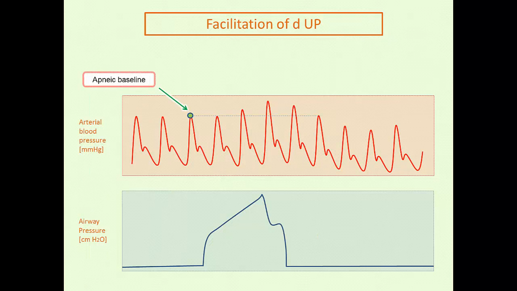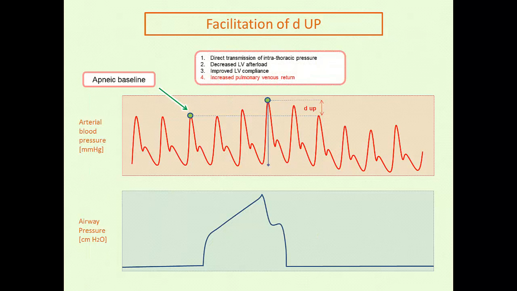Again, just for review, this is your apneic baseline, this is your maximal systolic pressure, your maximum pulse pressure, and this is your D up. So these are the mechanisms that we talked about in part B of this chapter that lead to D up, or your maximal pulse pressure. Really an augmentation of any of these effects can occur in a patient who's not actually volume responsive.